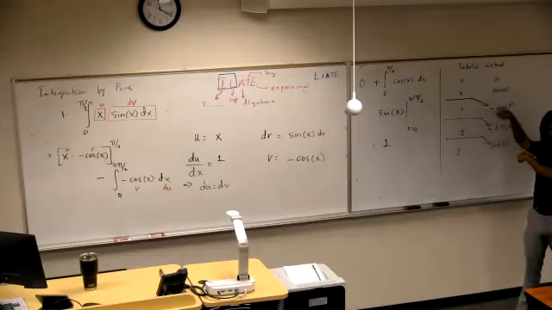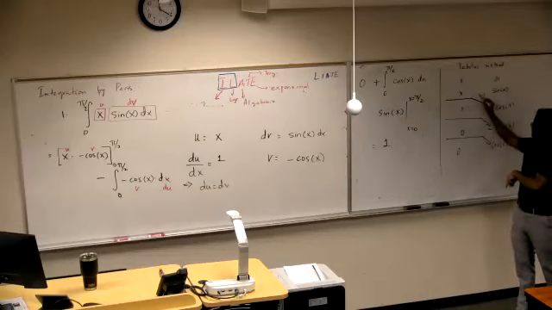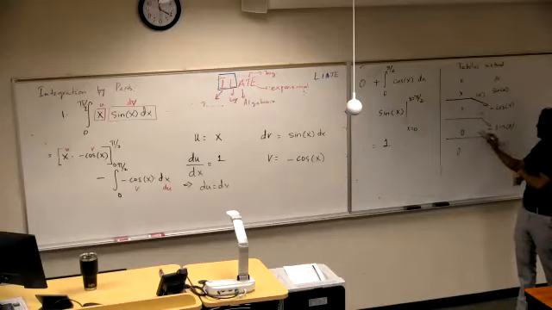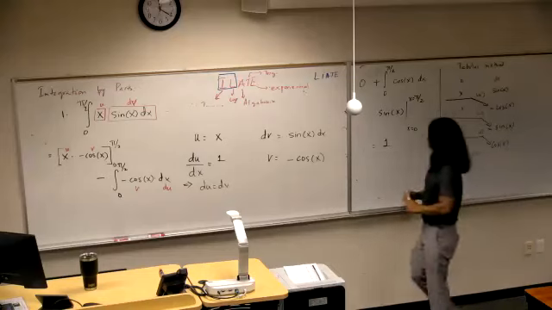So, are you with me? No. Alternating signs: plus, minus, plus. If it's another step, minus, and you keep on going. Good.